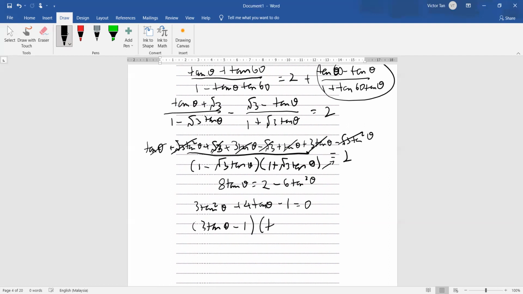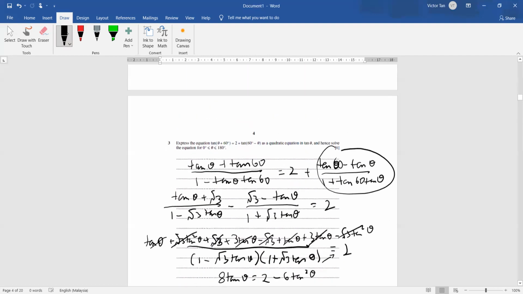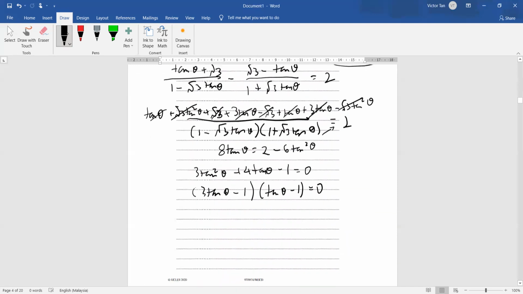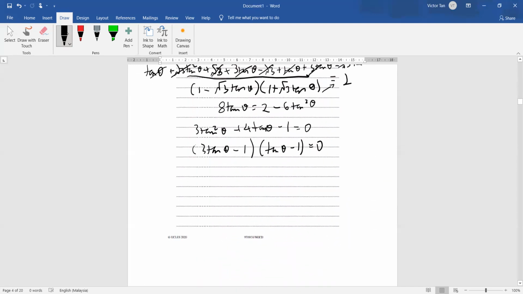Let's see if there's any solution between 0 and 180. Theta equals 1, 3.